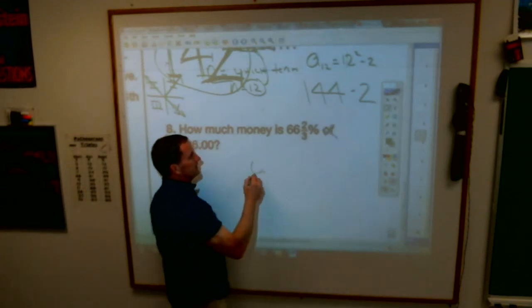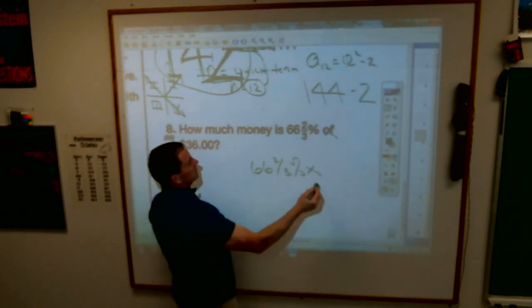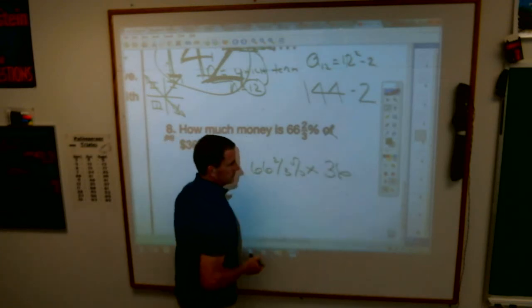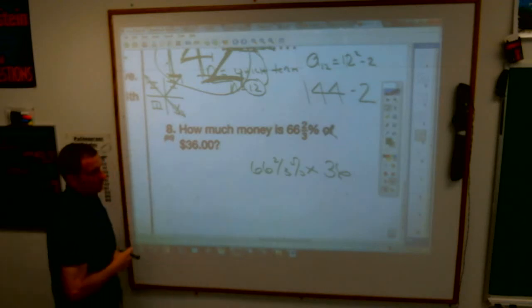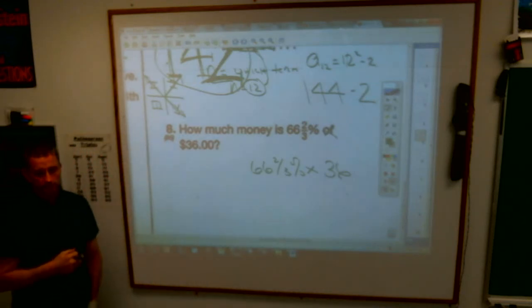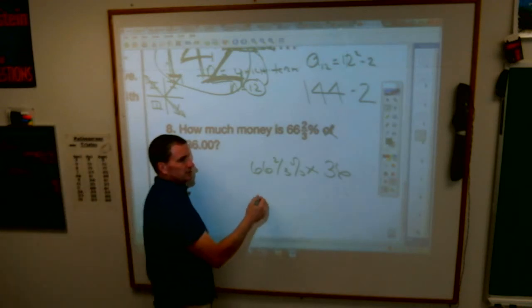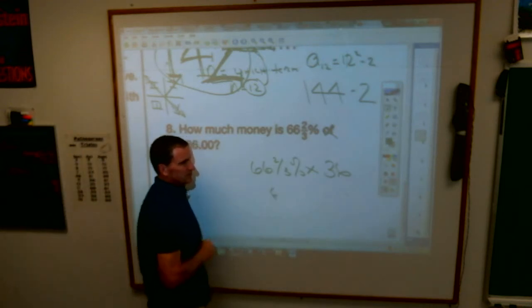So I'm multiplying 66 and 2/3% times 36 bucks. Well, I don't deal with percents, so I need to change it either to a decimal or a fraction. And in this case, you only have one choice. Maybe Drew, that's where you came up with your odd number of cents. Did you change this to a decimal and make it 0.6 repeater or something?